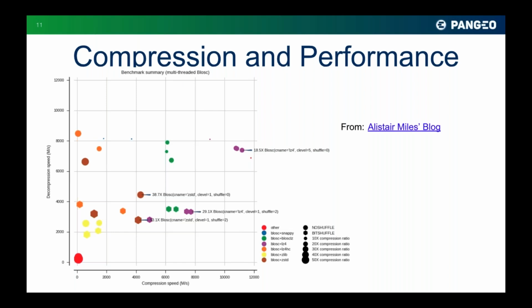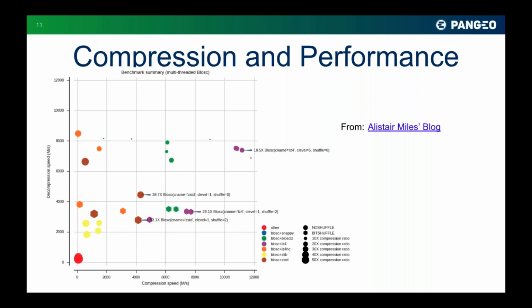In this case, Alistair was looking at his genomics. Alistair is a malaria researcher who started the Zarr project, and he has DNA data with about 1 million columns, mosquitoes in the thousands in the rows, and then 2 deep for the pairs. He has a certain type of data, and he can look at these different patterns and find that in the upper right he's getting phenomenal speed with 18 times compression.